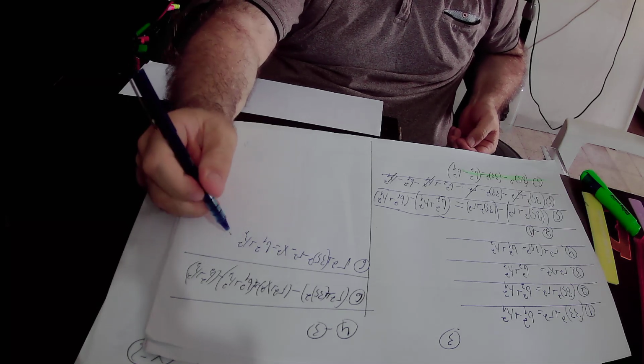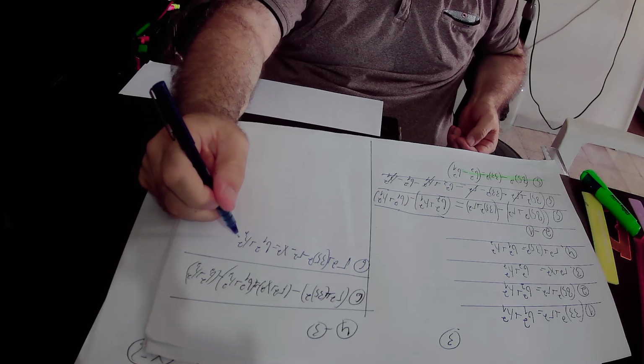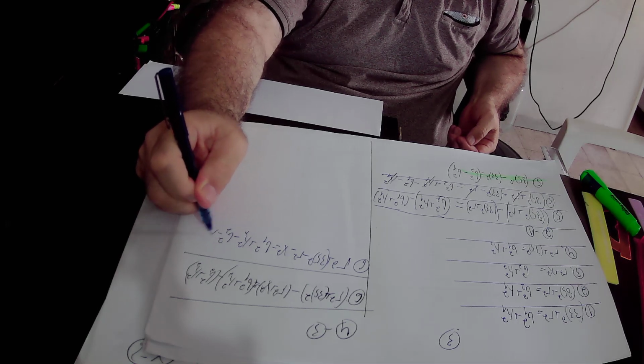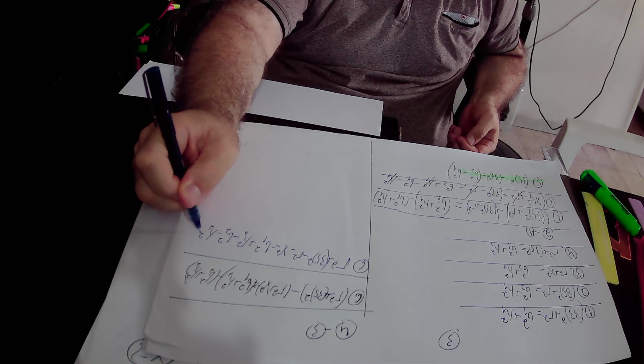We have minus before the bracket, so it will be b2 squared minus h2 squared.